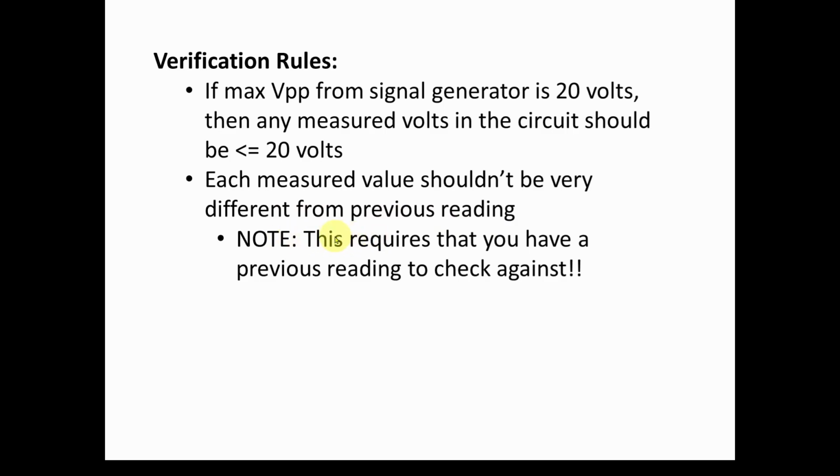And very importantly, this requires that you have a previous reading to check against. So for example, if your first reading coming off the scope is 25, you don't have a previous reading to check because that's the first reading. So you're going to have to add some logic to say, well, are there previous readings? I'm not going to check against the previous reading if there's no previous reading. Also, you need to provide in any software user feedback and error checking, all right?